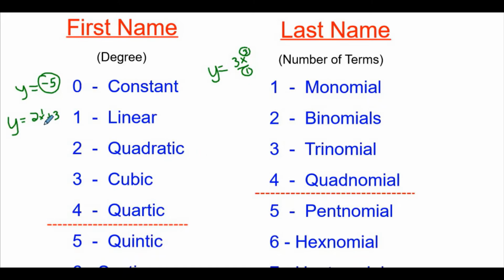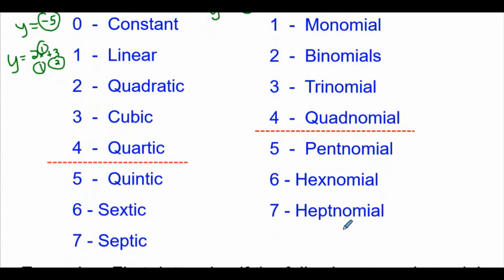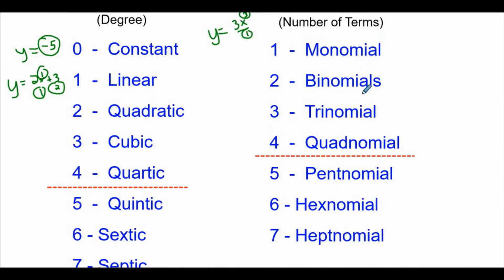However, if I had something like this, this would be linear first, and then notice that there is 1, 2 terms, so this would be called a binomial, bi meaning 2. And obviously it goes from there: trinomial, quadnomial, and so on. Typically we only learn up to quadnomial. So an example of this is if I had y is equal to, we'll do a quadratic, x squared plus 4x minus 3.